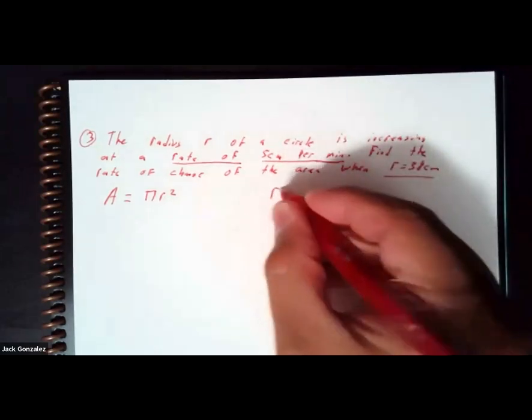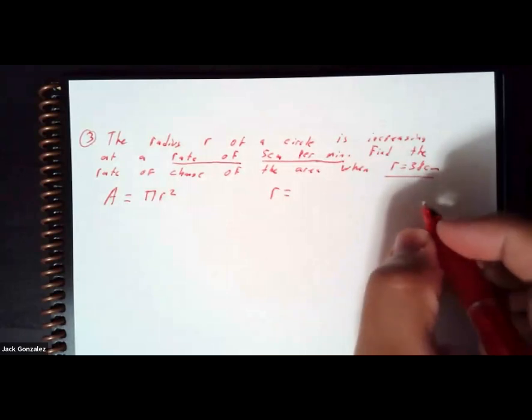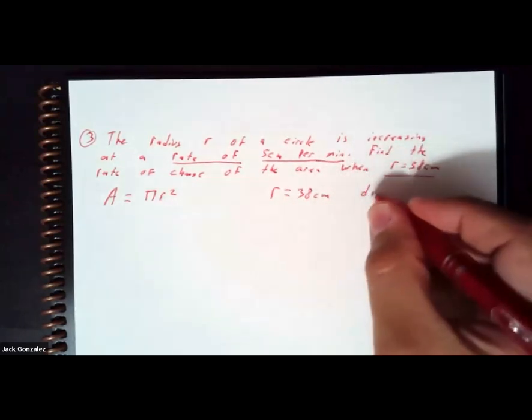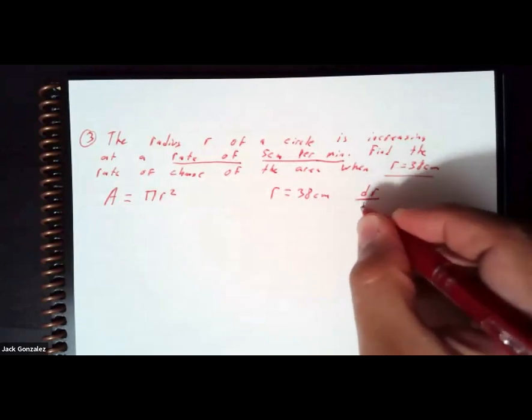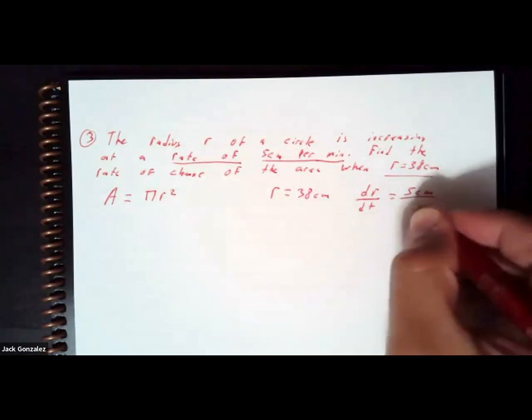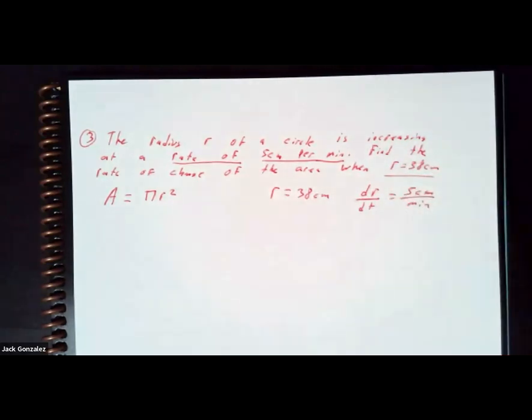So we have a radius of 38 centimeters and a rate of change for the radius. That makes sense. I guess I'll just put number 5.